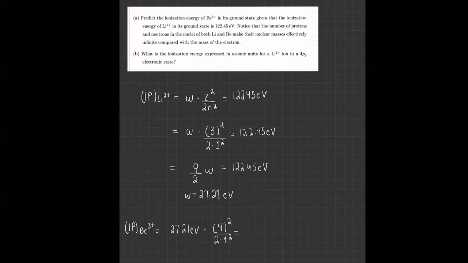That gives 217.69 electron volts. This makes sense because it takes much more energy to remove an electron from an atom with a higher nuclear charge, 4 in comparison to 3.